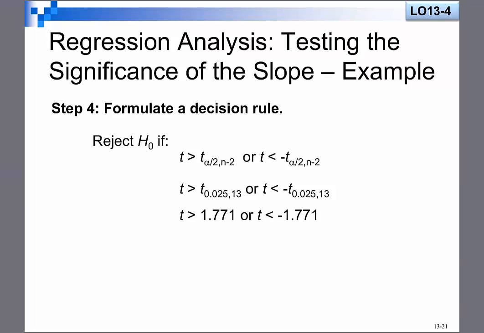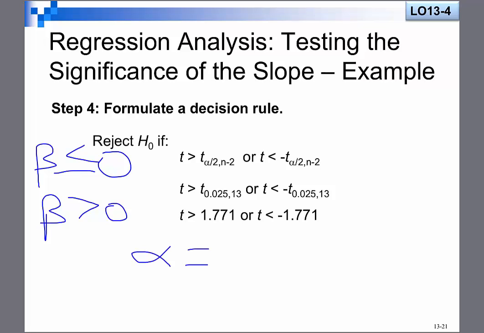Because I'm actually dealing with a hypothesis test that looks like this for my alternate, and like this as my null, in Excel I am not going to divide by 2. I'm just going to take my alpha as is, 0.05.